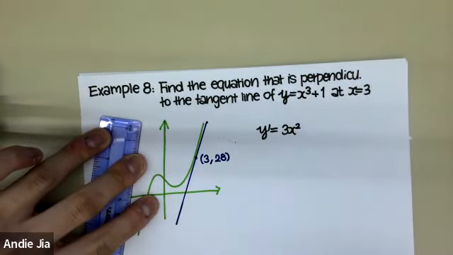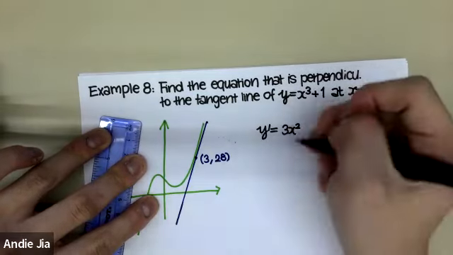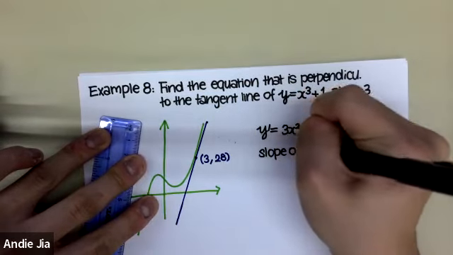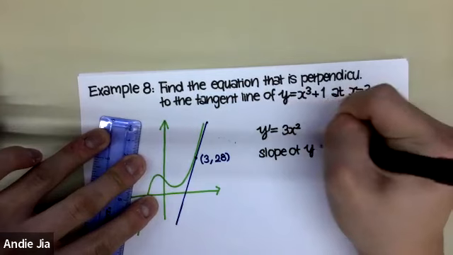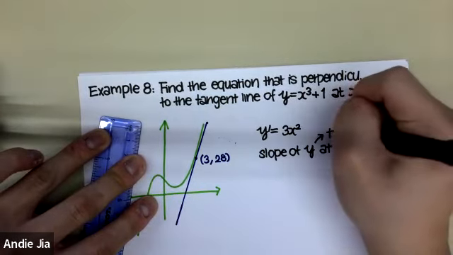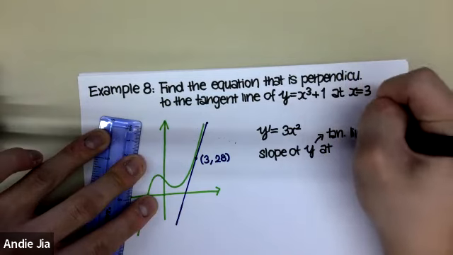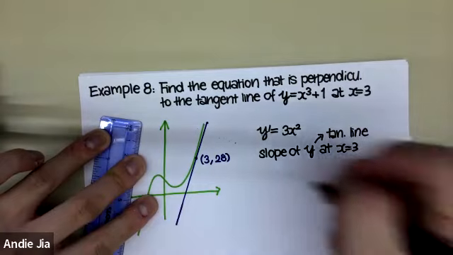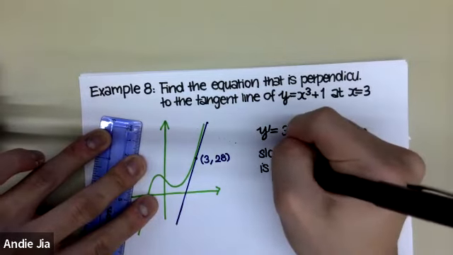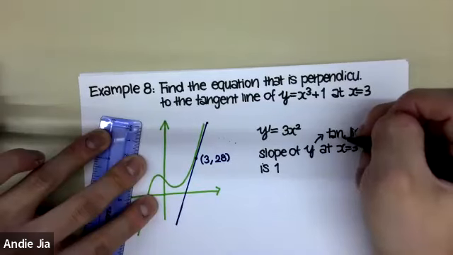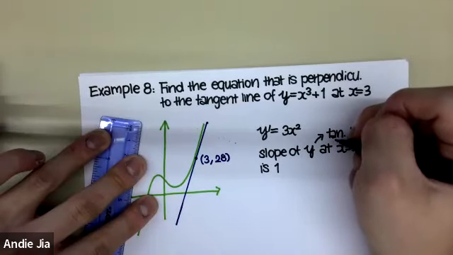And you want the slope of the tangent line at x equal to 3, which is 27, yes.